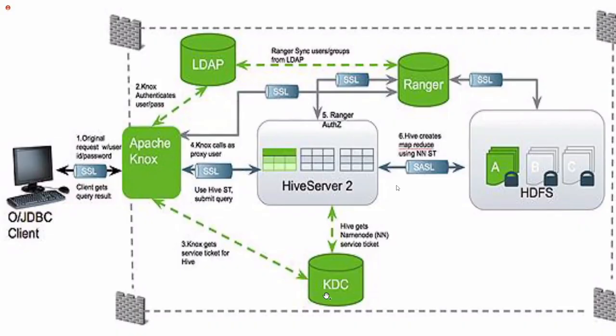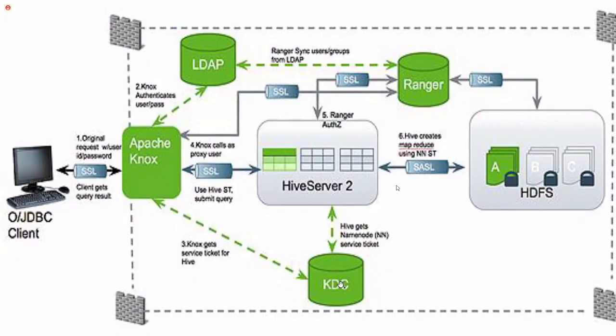When it is correct, Knox will now contact Kerberos. Knox gets the required service ticket for Hive, because it is contacting HiveServer2.